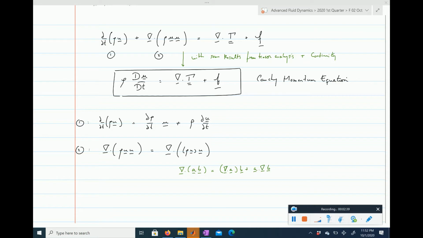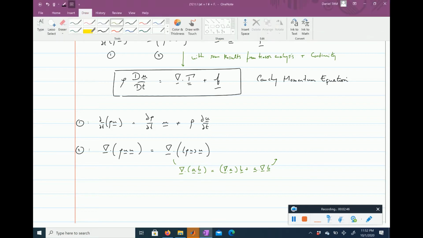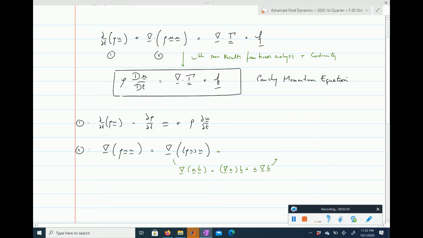So if we use this first result from tensor analysis, then we can rewrite that as the divergence of rho u times u plus rho u grad u.